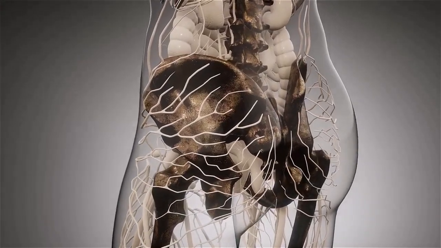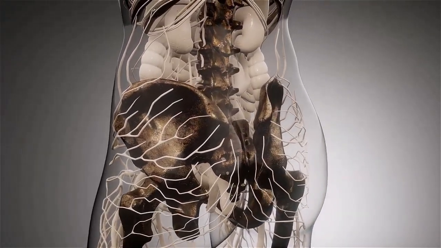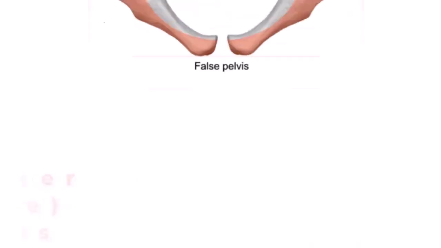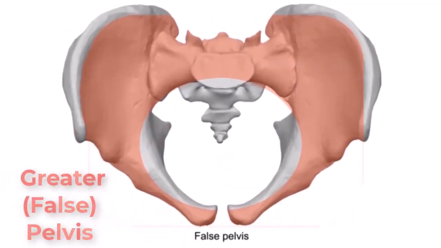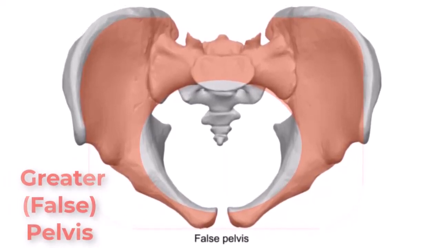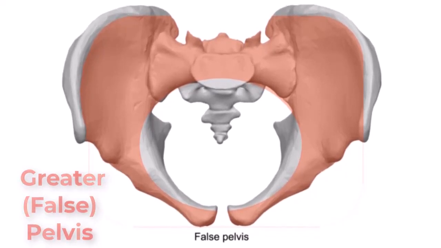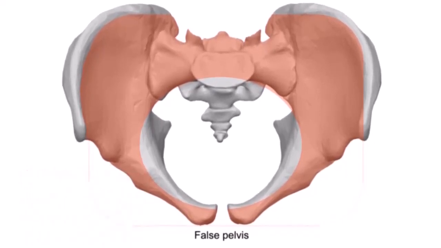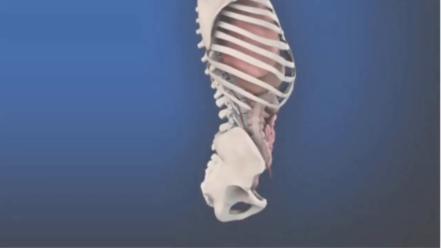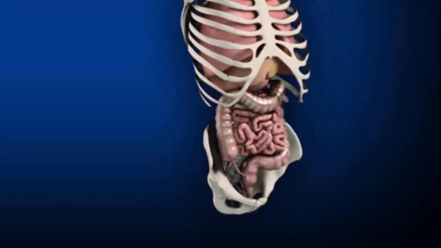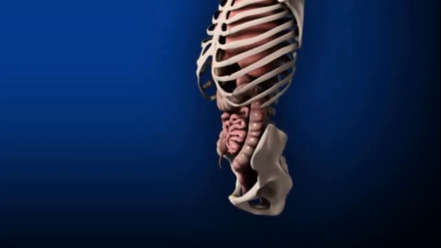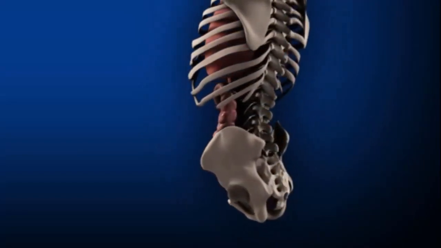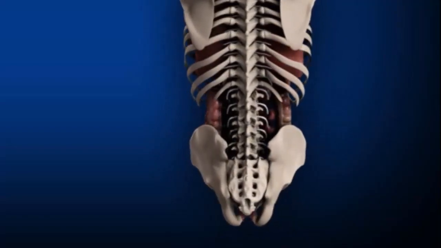The space enclosed by the bony pelvis is divided into 2 regions. The broad superior region, defined laterally by the large fan-like portion of the upper hip bone, is called the greater pelvis. The greater pelvis is also known as the greater pelvic cavity or the false pelvis. This broad area is occupied by portions of the small and large intestines, and because it is more closely associated with the abdominal cavity, it is sometimes referred to as the false pelvis.